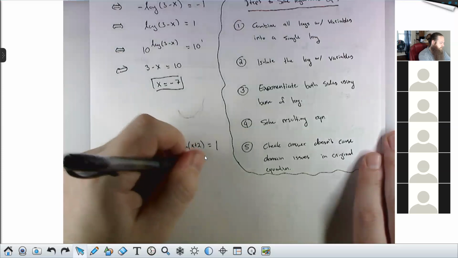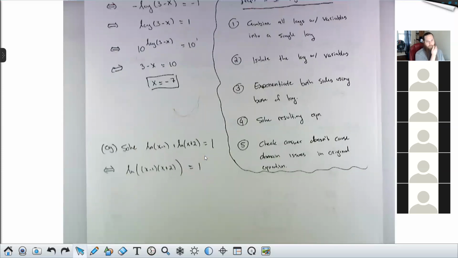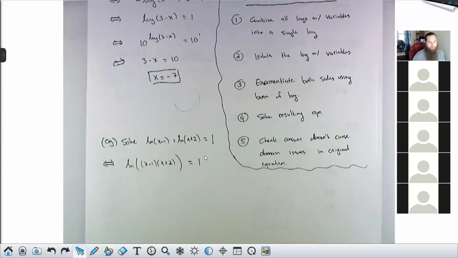And the right-hand side is still 1. This is using property 1 of logs.